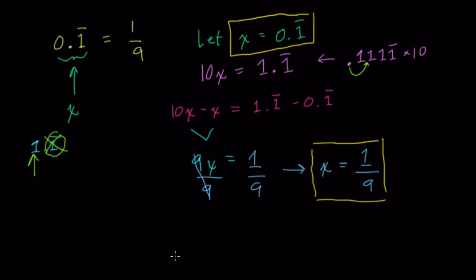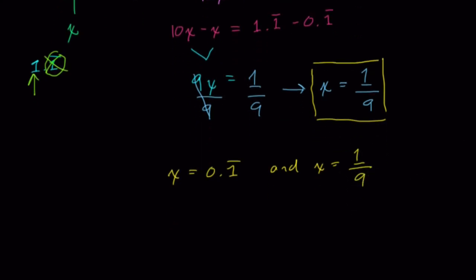And you might write it this way. So x equals 0.1 repeating, right? And x equals 1/9. So the transitive property, right? If 1 over 9 and 0.1 repeating both equal x, then they both equal each other. So these two are now equal, right?